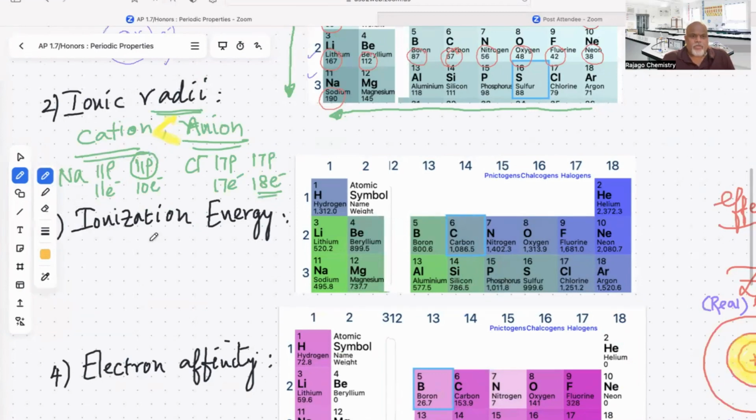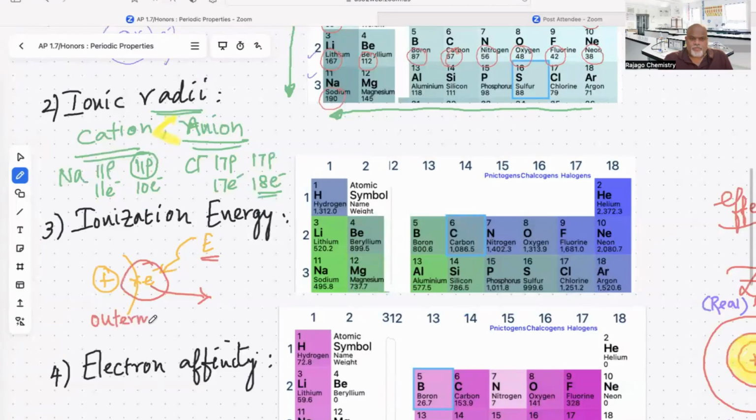If you take an electron and I spend some energy to kick out this electron, that is the energy required to remove the outermost electron from a gaseous atom or an ion.